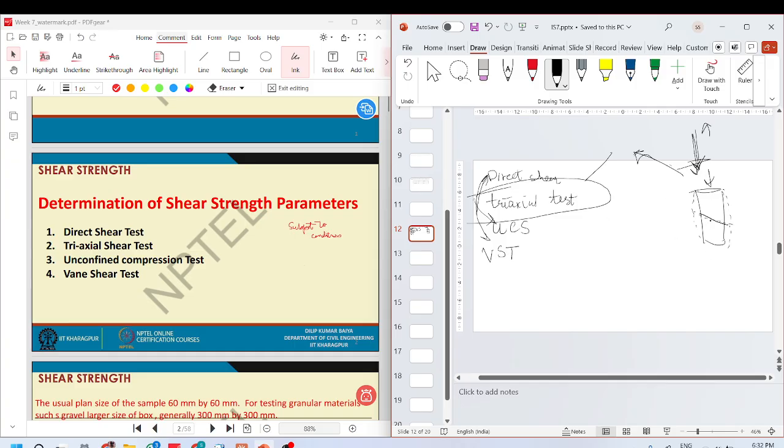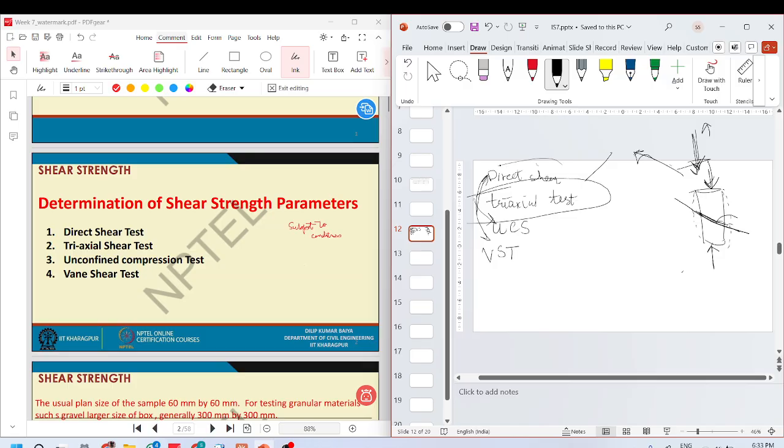You must have already studied in your strength of materials course the normal stresses and shear stresses, and you know that shear cracks are always in this diagonal direction. This is what we call the failure plane. It is oriented based on what kind of loading you are providing, so the loading will determine the angle of this failure plane.